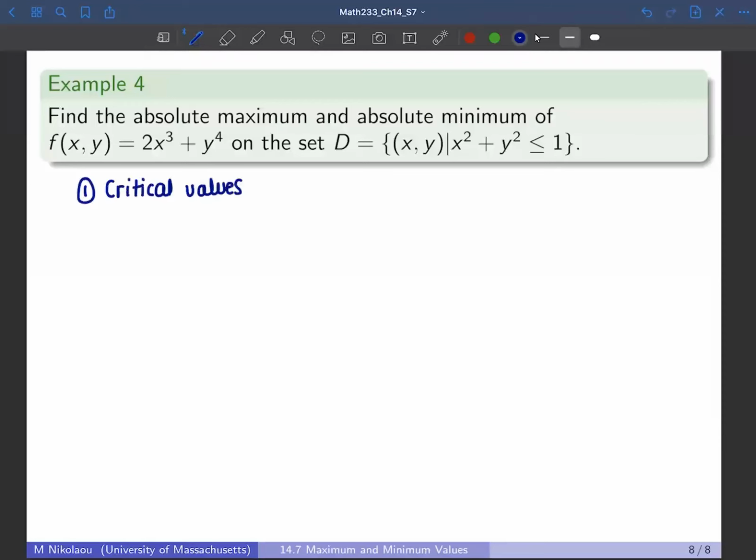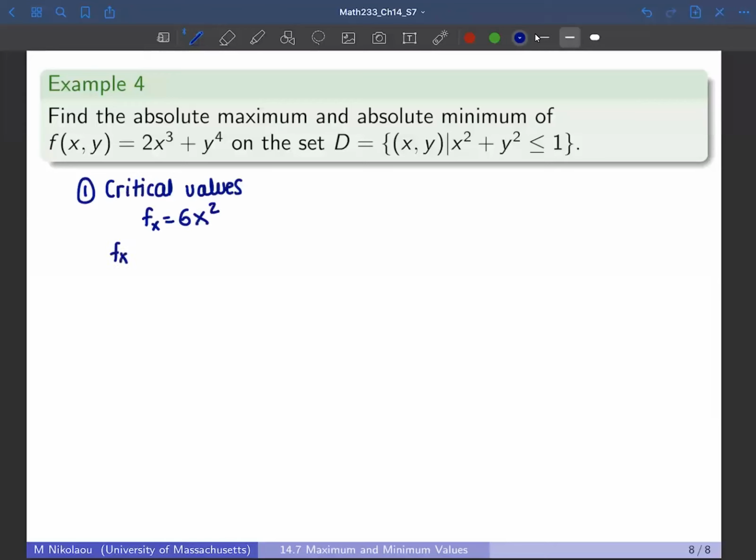In order to do that, we'll have to find the partial derivative of f with respect to x, which is just 2 times 3 times x squared, so 6x squared.